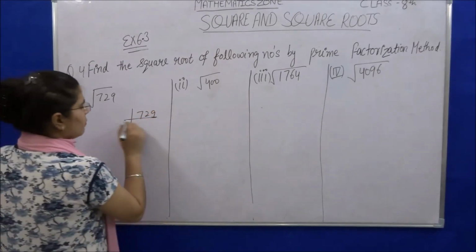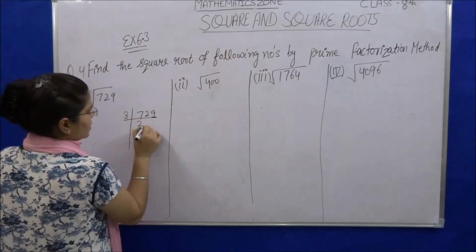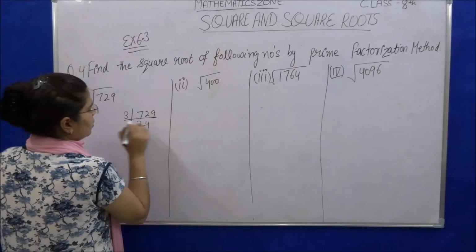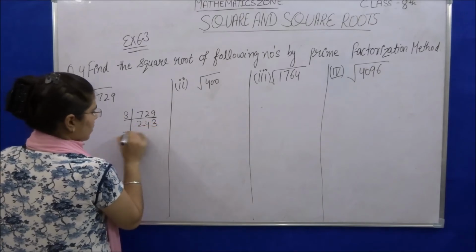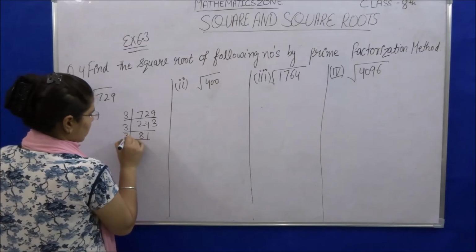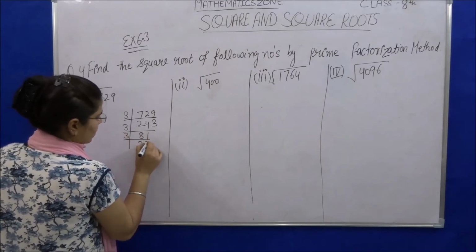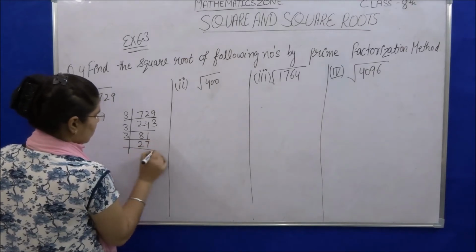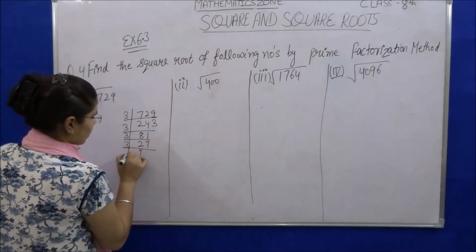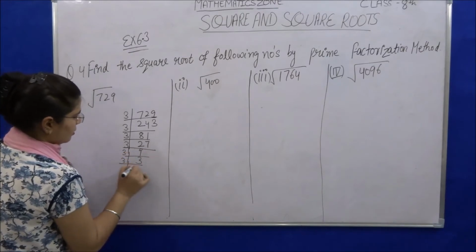So we will factorize by 3 first. 729 divided by 3 is 243, 243 divided by 3 is 81, 81 divided by 3 is 27, 27 divided by 3 is 9, 9 divided by 3 is 3, 3 divided by 3 is 1.